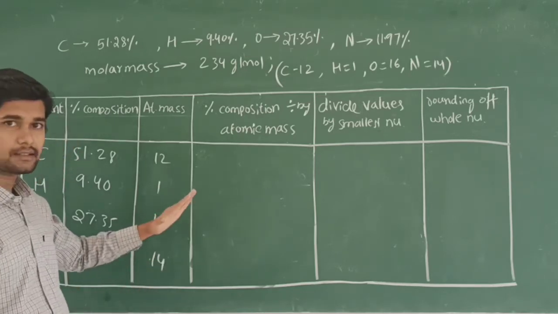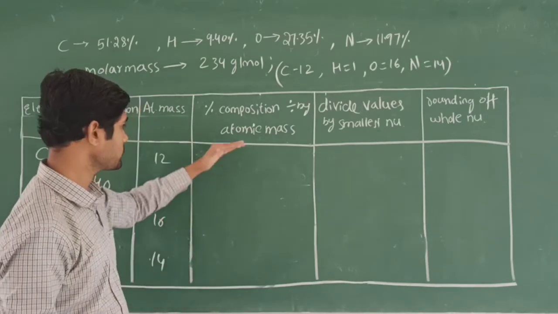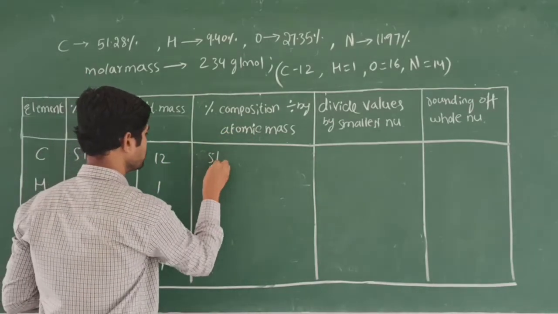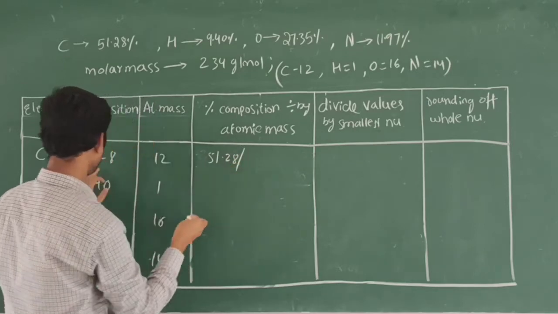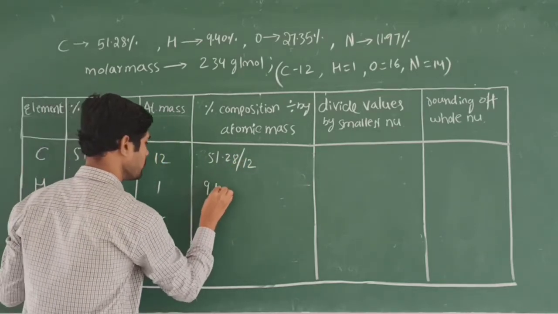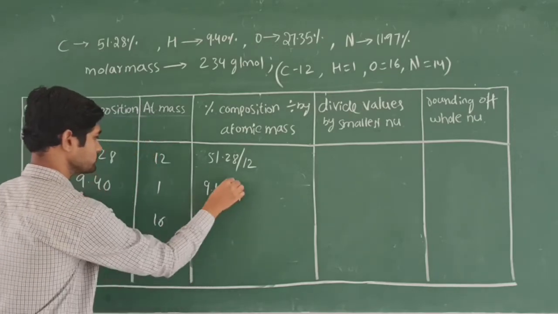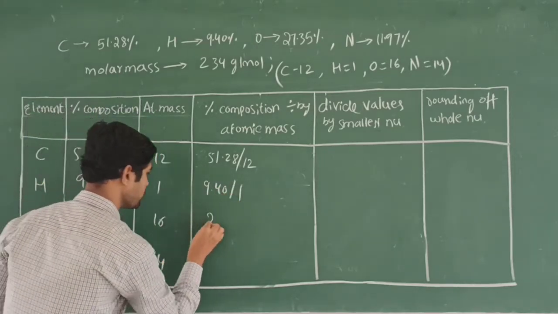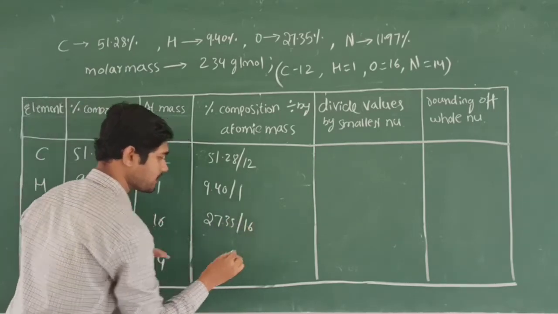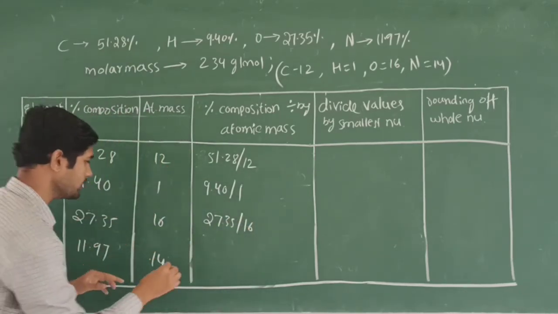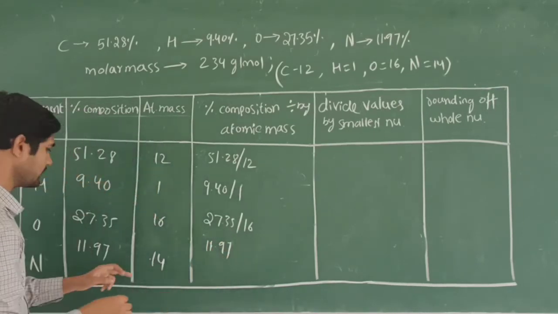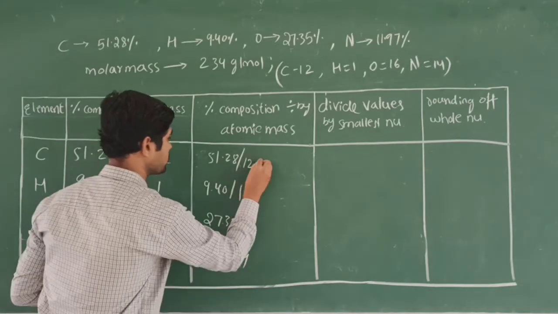Then you need to calculate this in terms of grams, so divide by the atomic mass. The percentage composition is 51.28 divided by 12, 9.40 divided by 1, 27.35 divided by 16, and 11.97 divided by 14, each by its own respective atomic mass.